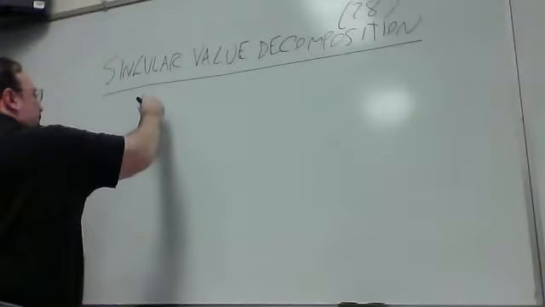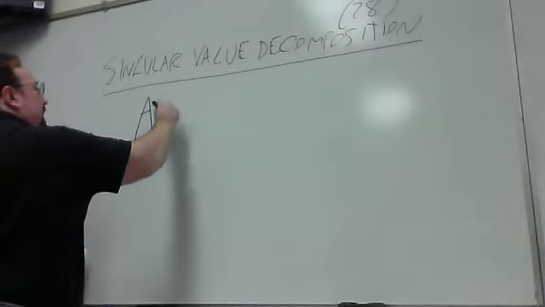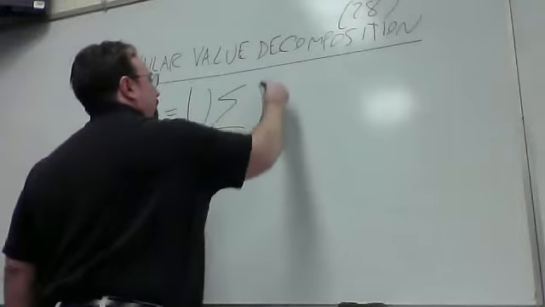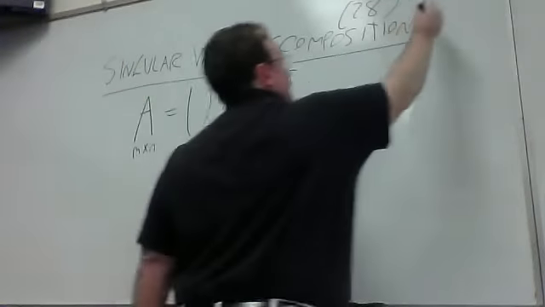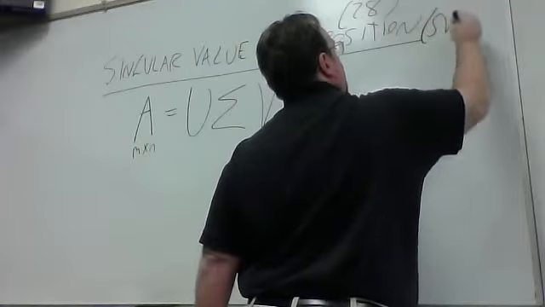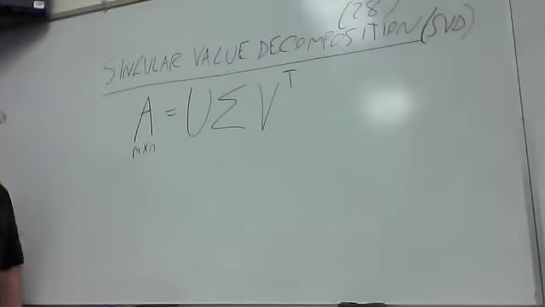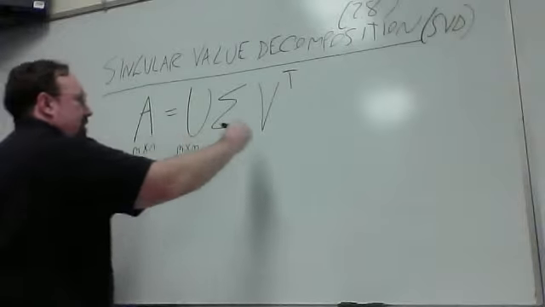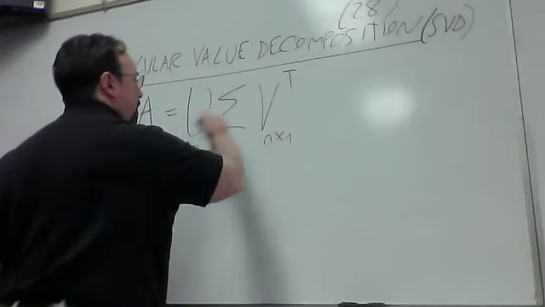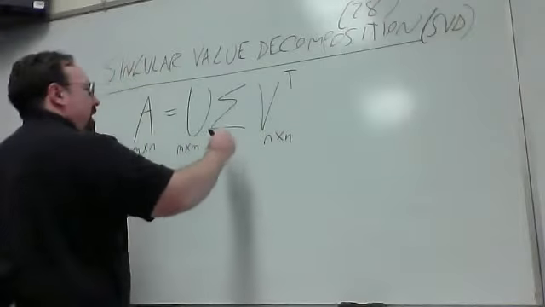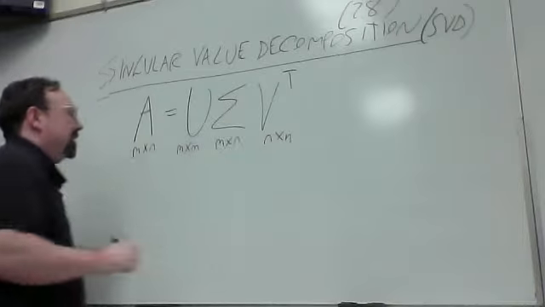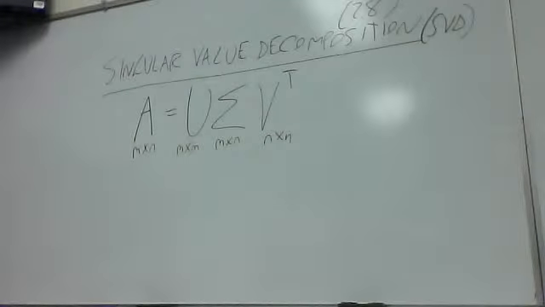So A, which is an m by n matrix. Any m by n matrix has a singular value decomposition, also known as the SVD, that my advisor came up with the first algorithm for computing. So U is m by m, and V is n by n. So U and V are both square matrices. And sigma in the middle is m by n, so it's the same size as A.